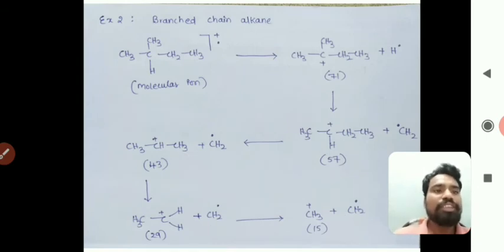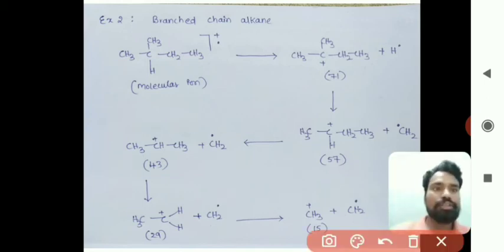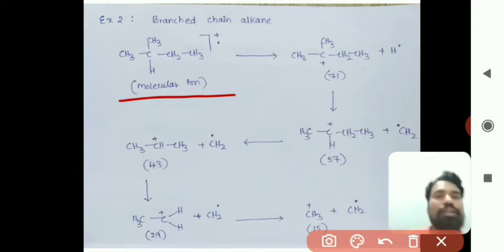Next is the case of branched chain alkanes, just observe here. This is 2-methyl butane. Directly I have written the molecular ion, CH3, CH, CH3, CH2, CH3 plus dot. And what is happening here?